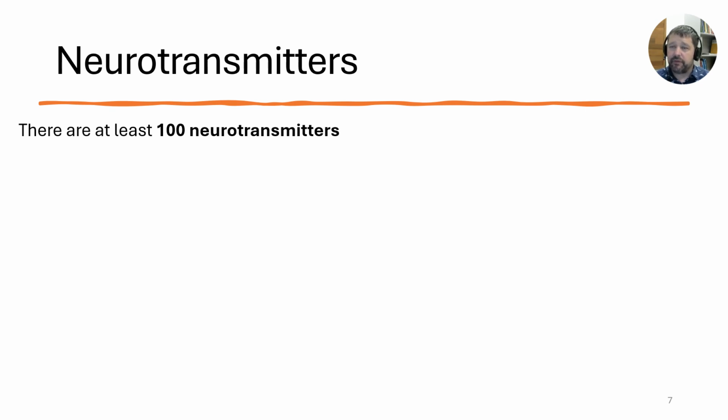The interesting piece with that is you can have some neurons that use multiple neurotransmitters, and then some neurons are specific to maybe one neurotransmitter. If they're specific to one neurotransmitter, they'll typically carry the name of that neurotransmitter.